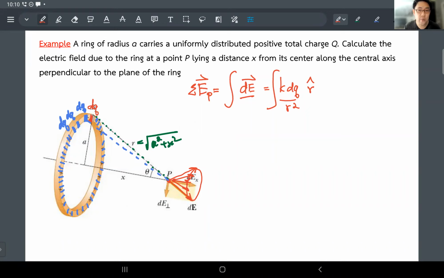Usually when you have to sum vectors in various directions, what do you do? You use components, right? You break a vector into two components, maybe one along the x-axis and the other along the y-axis, or one along the horizontal axis and the other along the perpendicular axis. We're going to do the same thing here, guys.